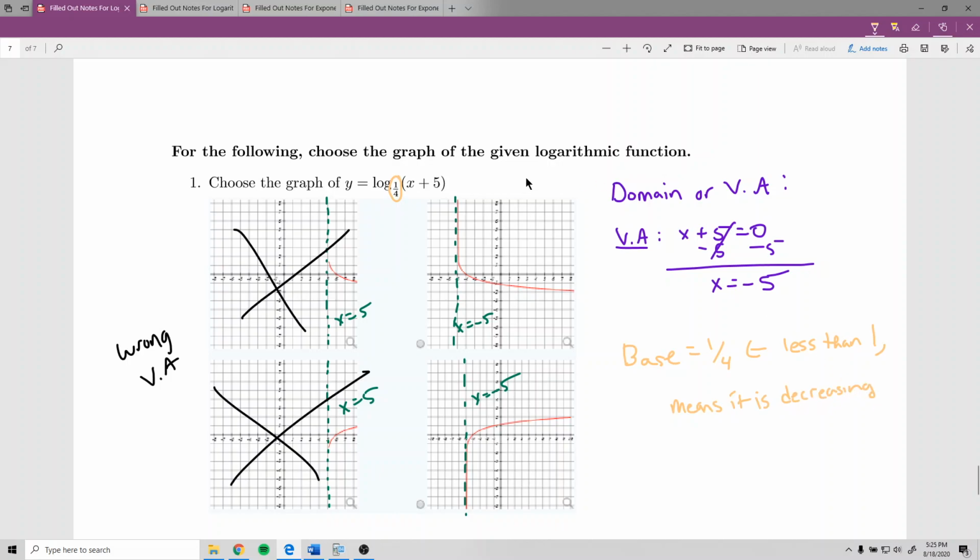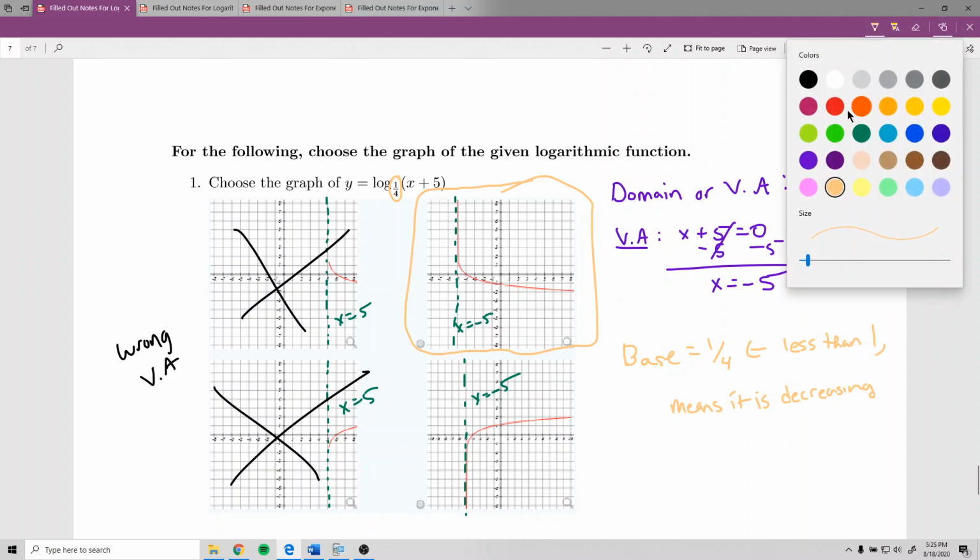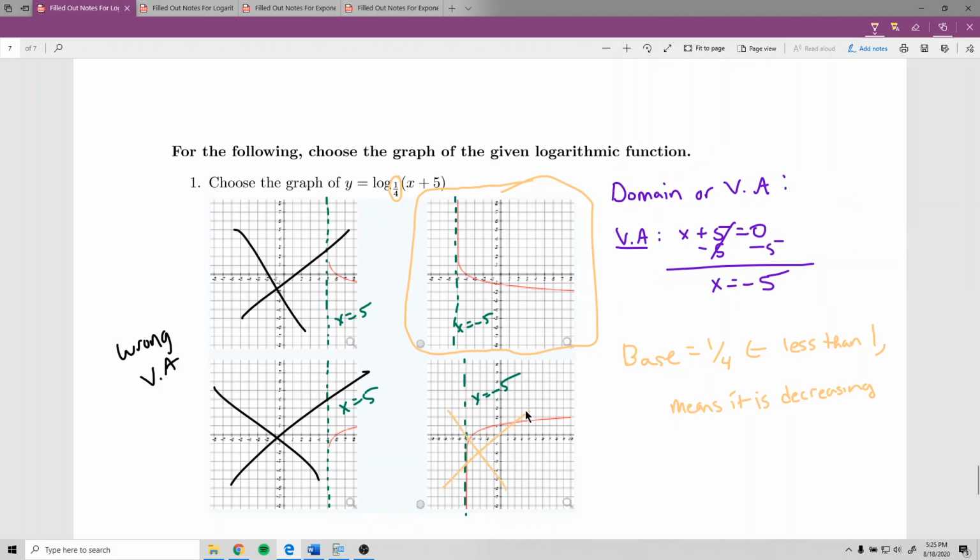All right, so that leaves us with this as our answer choice. This one is decreasing as we move to the right, it's going down. The one down here is increasing, so it's no good. All right, so if you look at those two things, you will narrow it down to 1 and you'll be good to go.